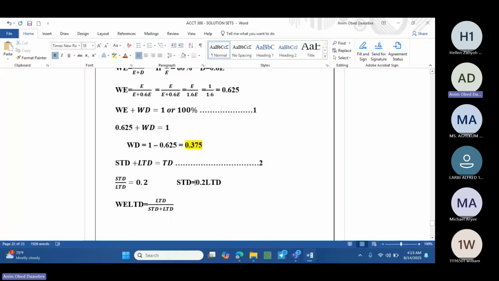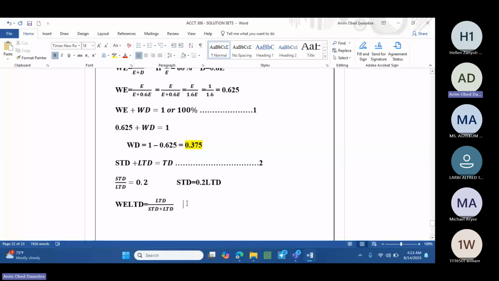Are you okay? So this will give us the value for short-term debt. Since we have our value for short-term debt, we can insert it into the general formula to find the rate of long-term debt.